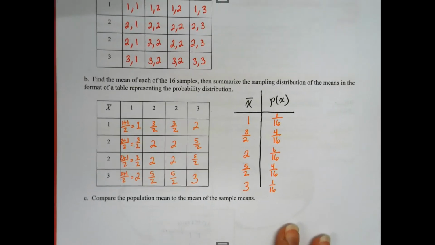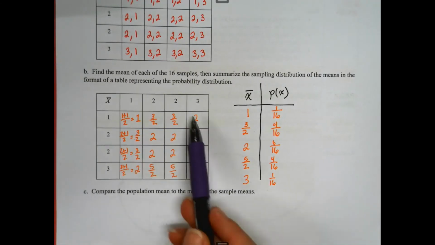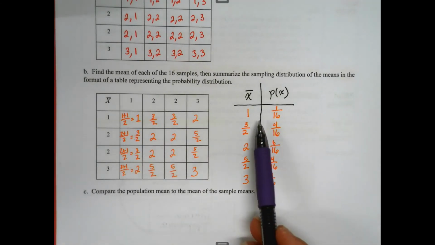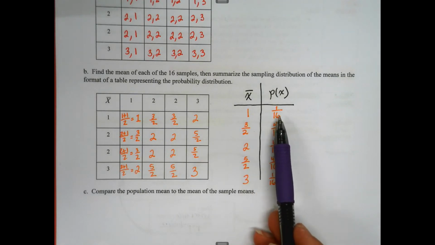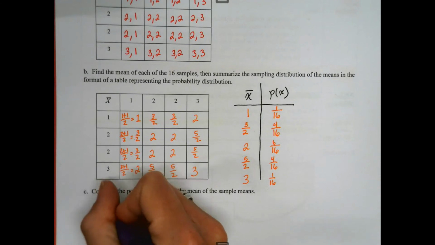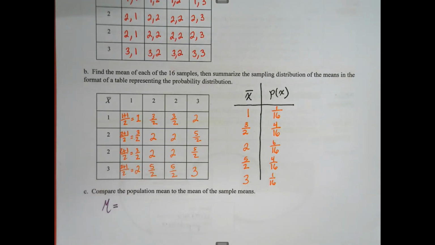Thinking back to chapter 5, the way we would find the mean of all the sample means, we could either add them all up and divide by our total number, or we could multiply x by the probability of x and then add those together. Our population mean, mu, is going to be the sum of all of the items in our population.